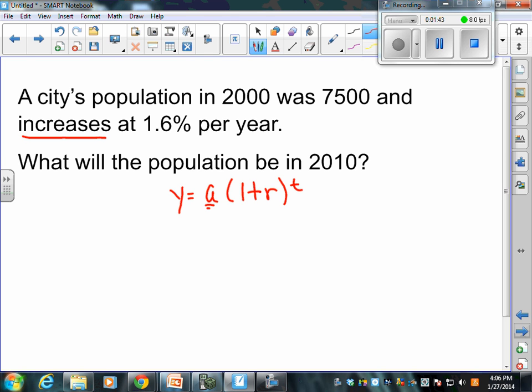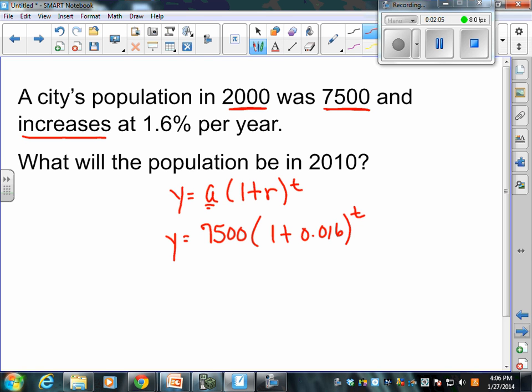A is our initial population. So in 2000, initially we had 7,500 people. R is my percent increase, which is 1.6%, but that would be 0.016, and then to the t.